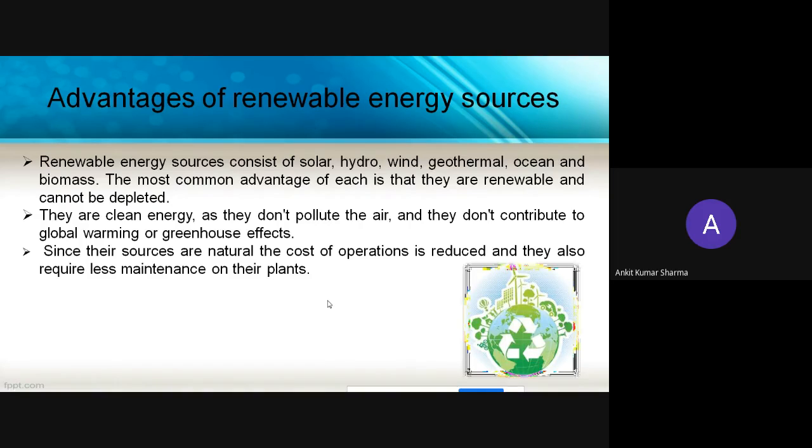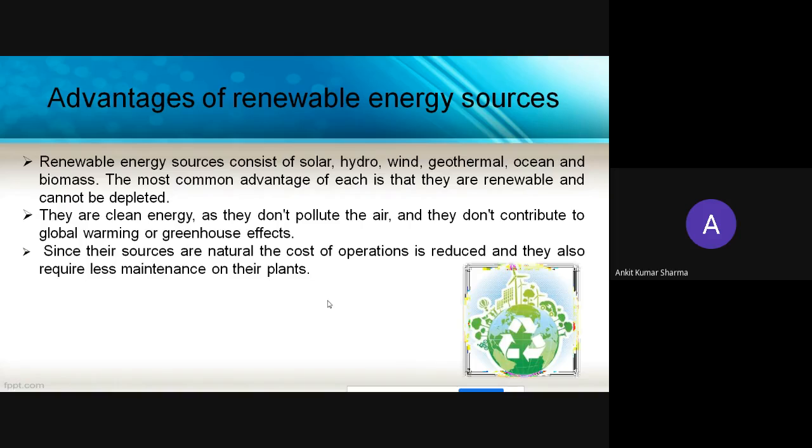And now we will discuss the advantages of renewable energy sources and then the disadvantages. So first, the advantages. The renewable energy resources consist of solar, hydel, wind, geothermal, ocean and biomass. Actually, we already discussed it. The most common advantage of each is that they are renewable and cannot be depleted.